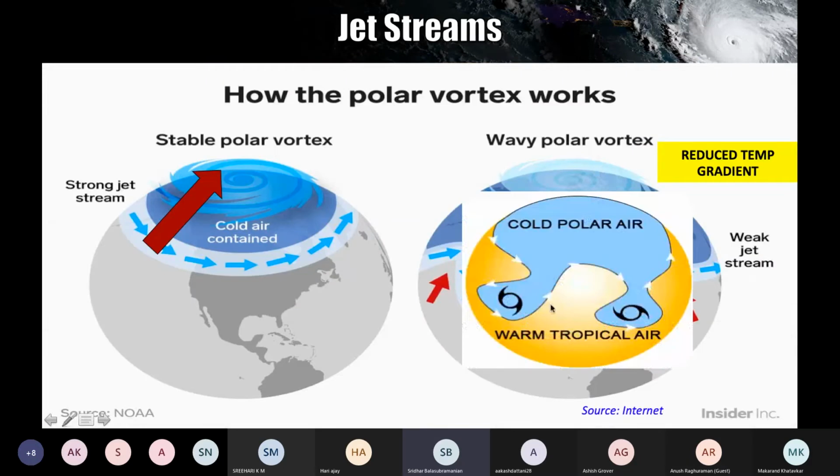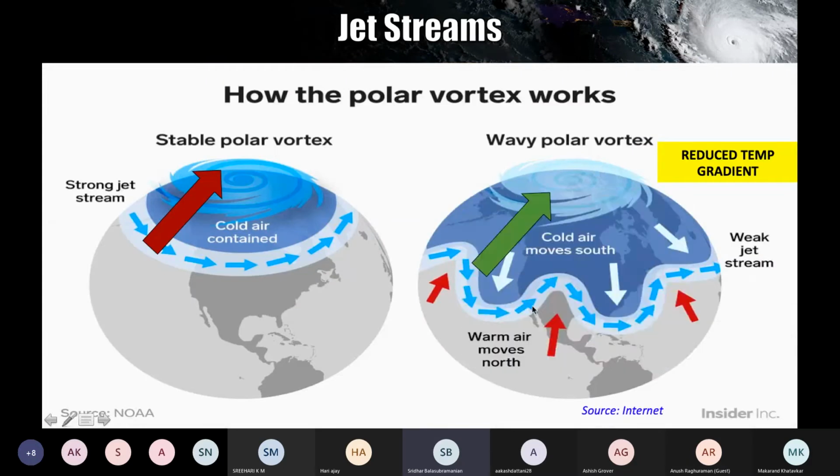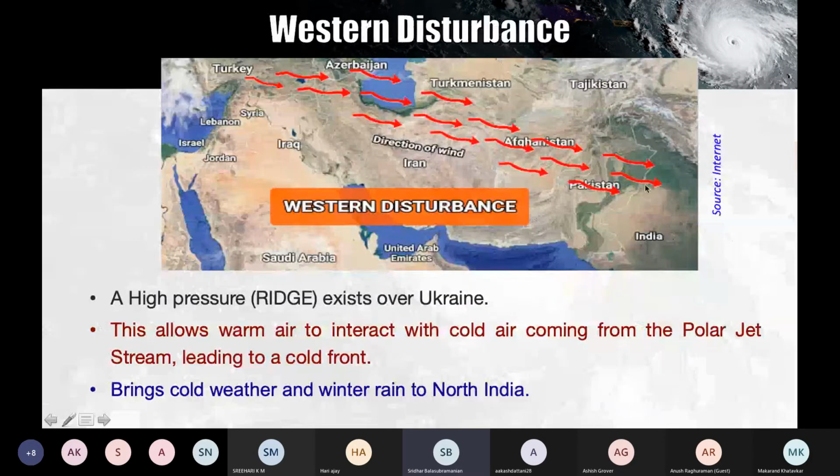These regions will mostly be clear, and this trough region is where most of the activity will happen, and we always need to look for these troughing systems. As this warm air approaches India, it dips down because that's where your jet stream is also dipping down, and that leads to winter rain.